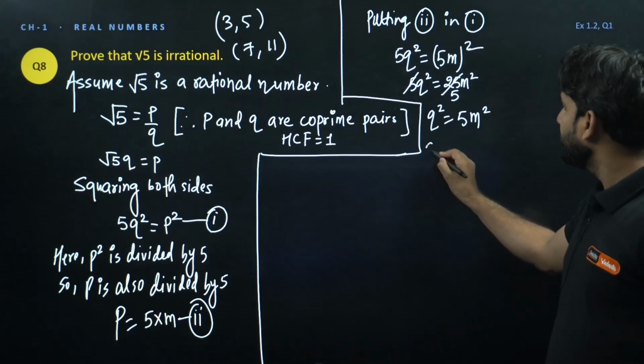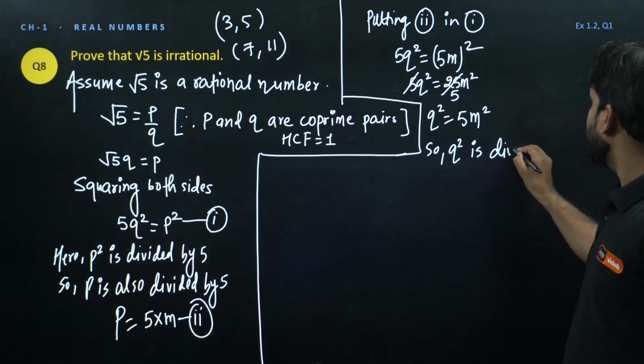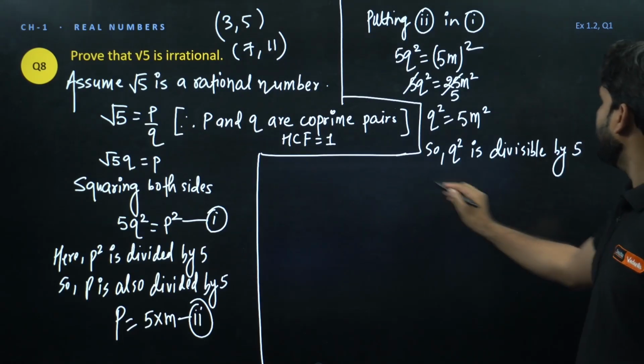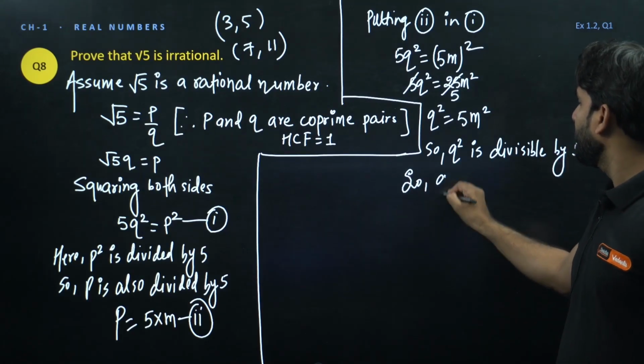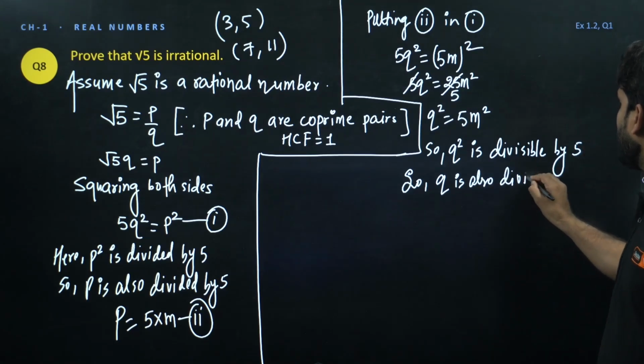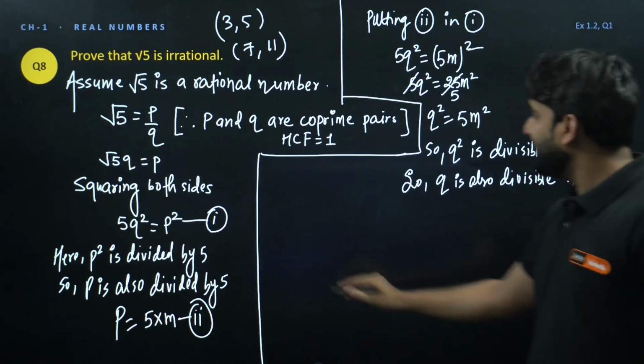Okay, so Q square is what, champion? Divisible by 5. So Q is also what? Also divisible by 5.